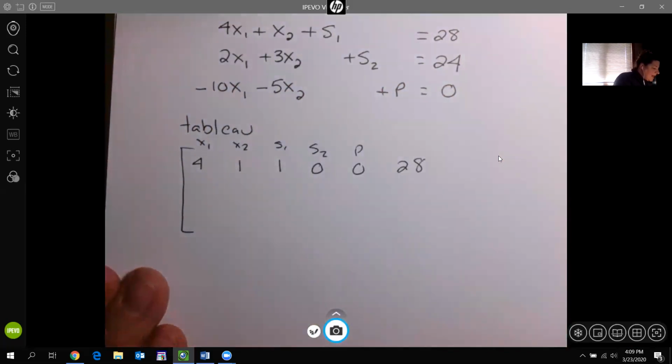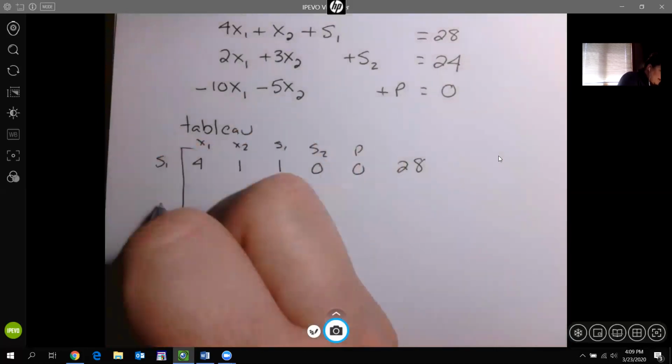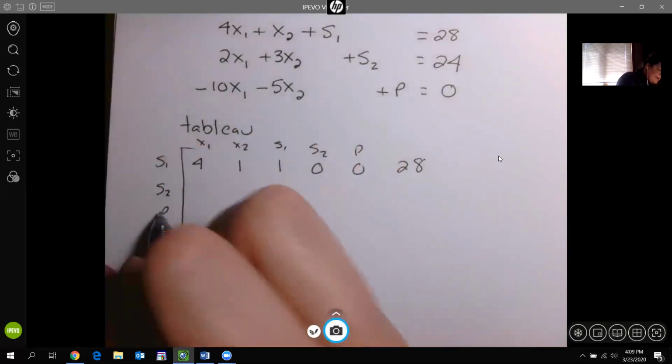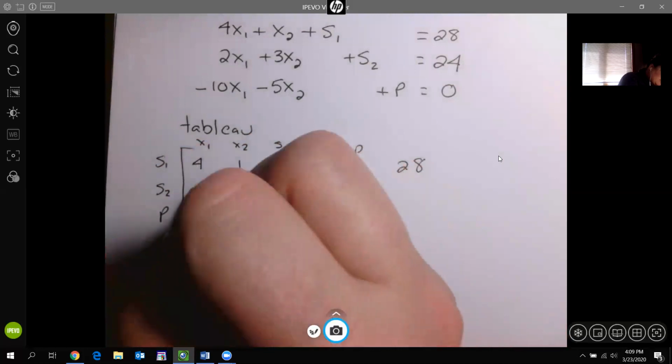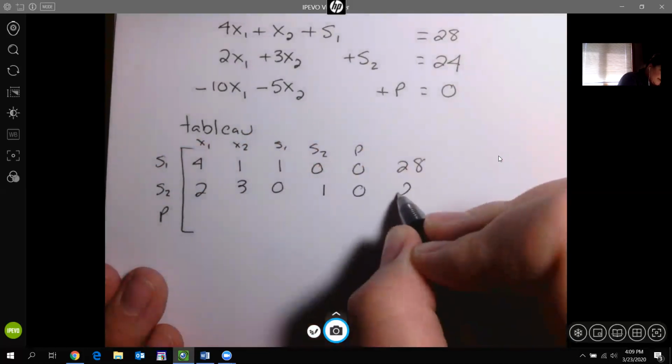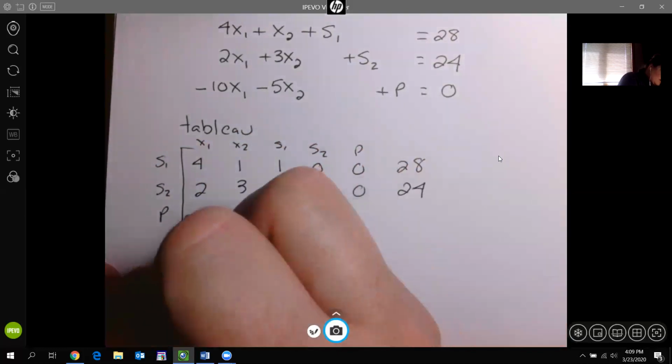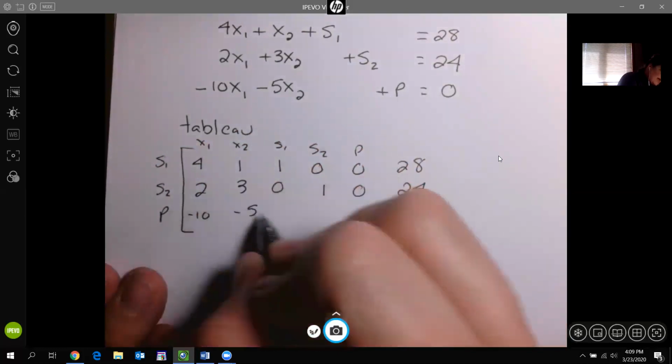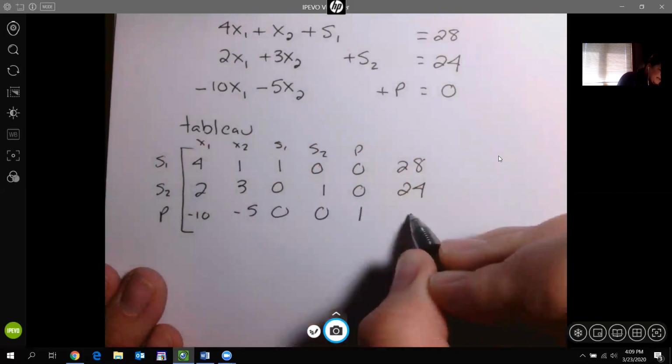This is going to represent our S1, our S2, and our P. The second one will go 2, 3, 0, 1, 0, 24. And the last row will go negative 10, negative 5, 0, 0, 1, 0.